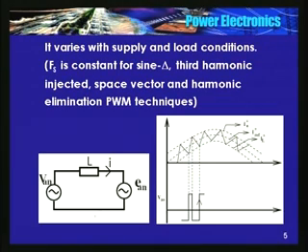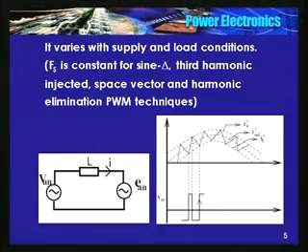This is the per phase equivalent circuit of an induction machine maybe. Now what is I? (VIN minus EIN) divided by L is equal to di by dt. Rate of change of current is the difference in these two voltages divided by L. Please note, VIN and EIN are not in phase.